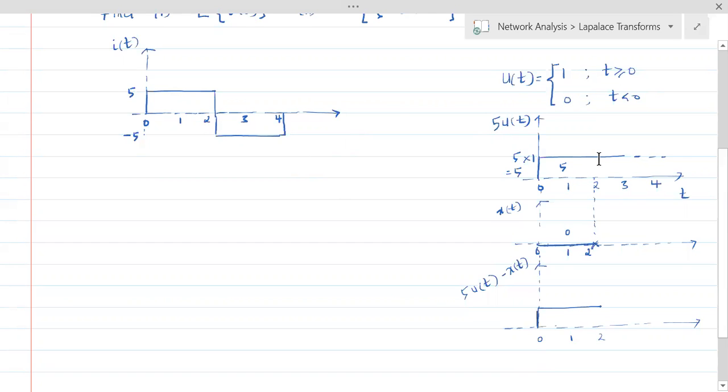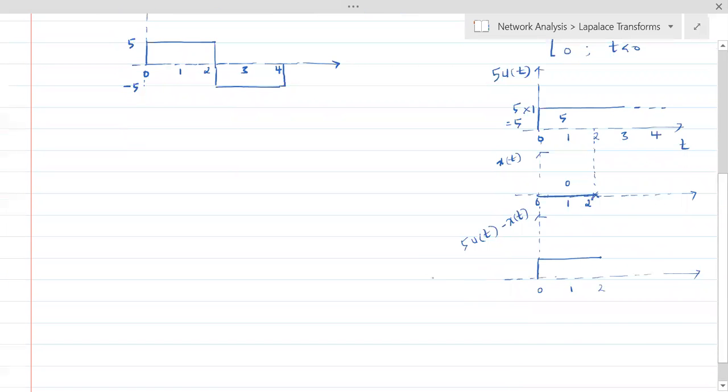We have 5 here. If I want minus 5 here, when I subtract x(t) from 5u(t), what do I need? What do I need from this point onwards? From 2 to 4, what do I need? At least from 2, what do I need?